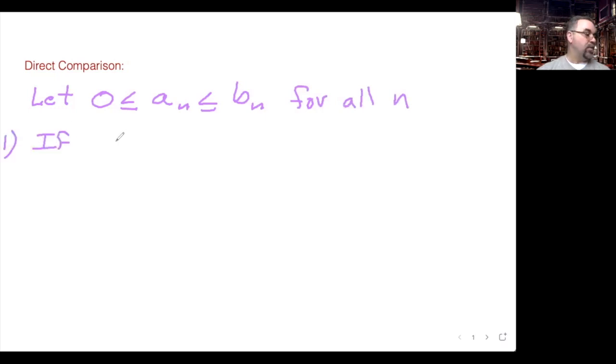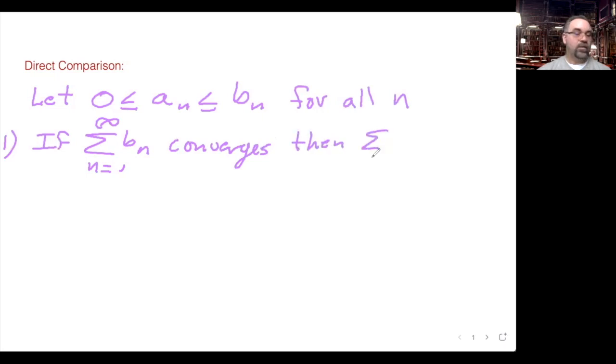If the series B sub n converges, then the series A sub n converges.